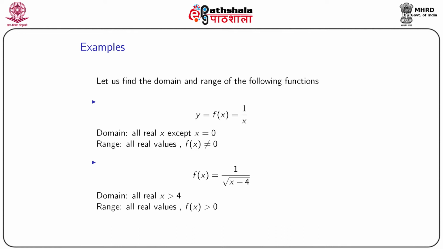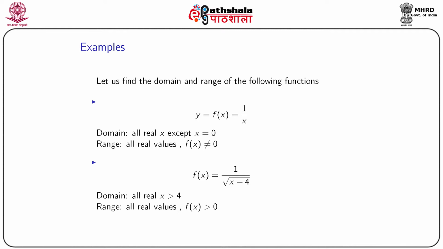If x = 0, then this function is not defined. So the domain will be all real x except x = 0. Now the range will be the same, all real values, but f(x) cannot be 0 because x is all real except 0.